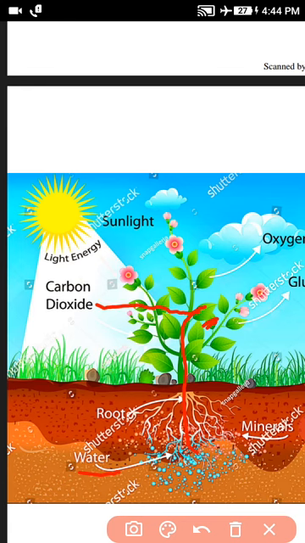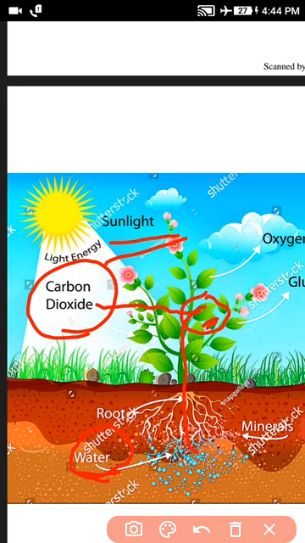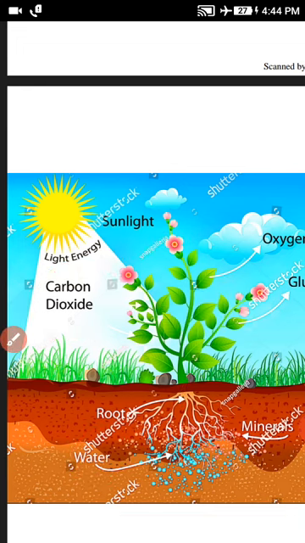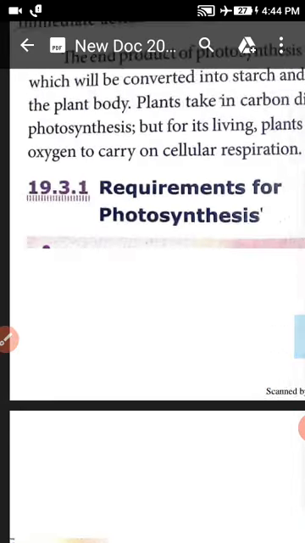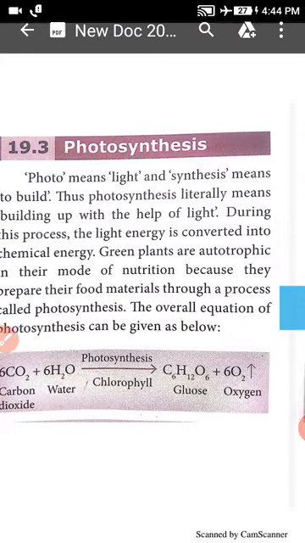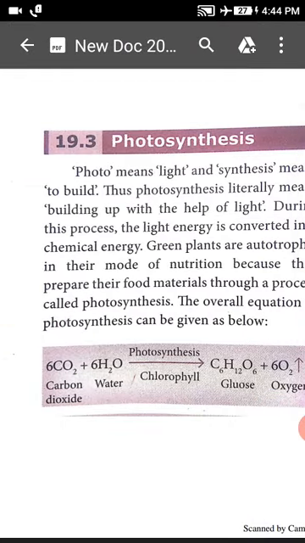Water and carbon dioxide are converted into carbohydrate with the help of sunlight and chlorophyll. This is called photosynthesis.